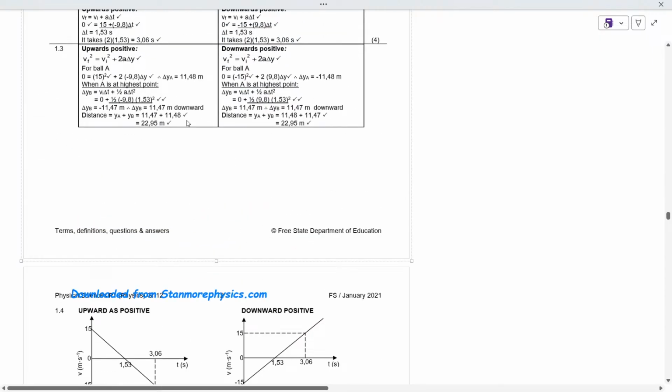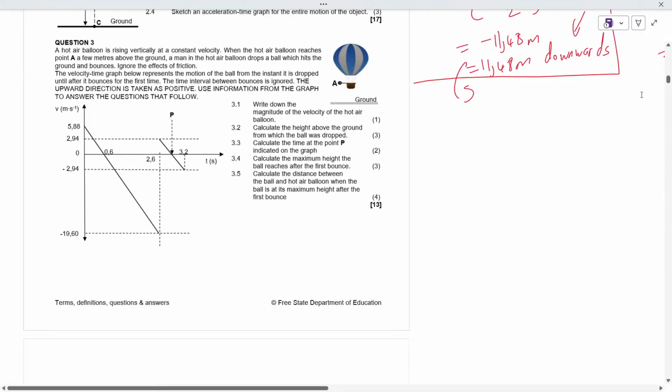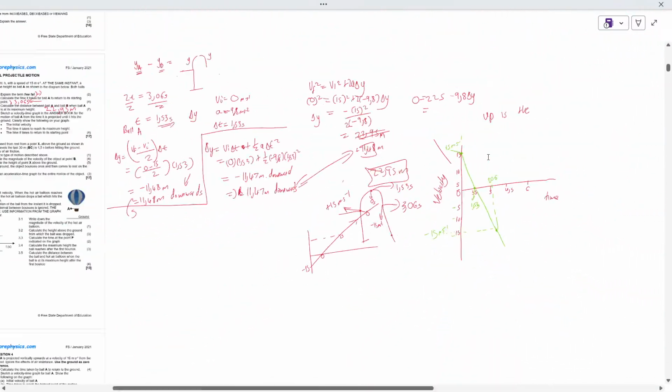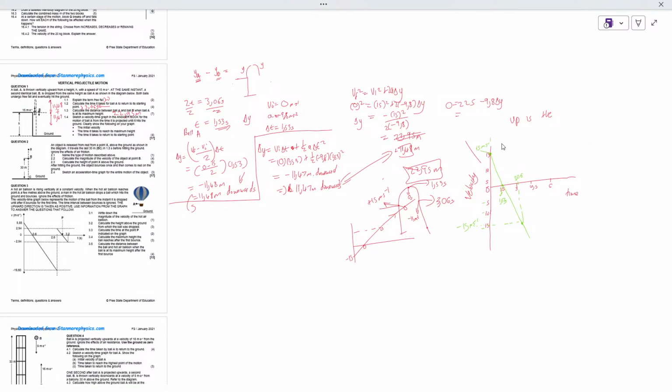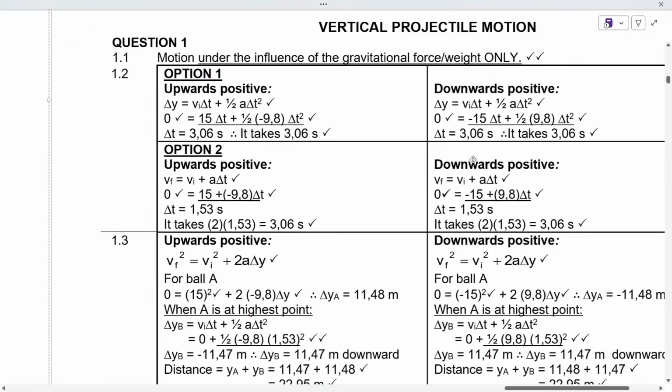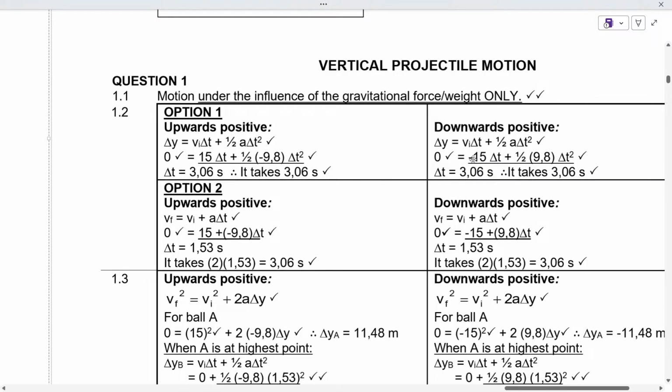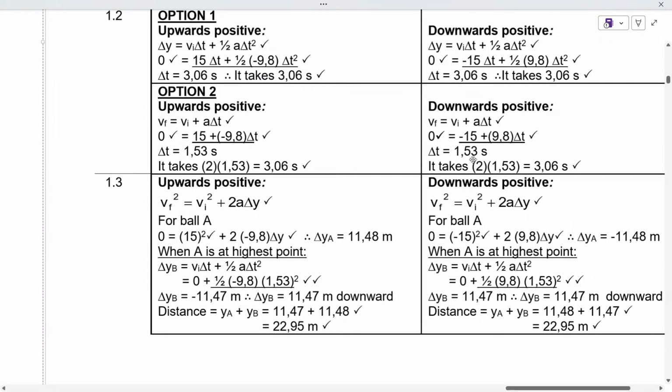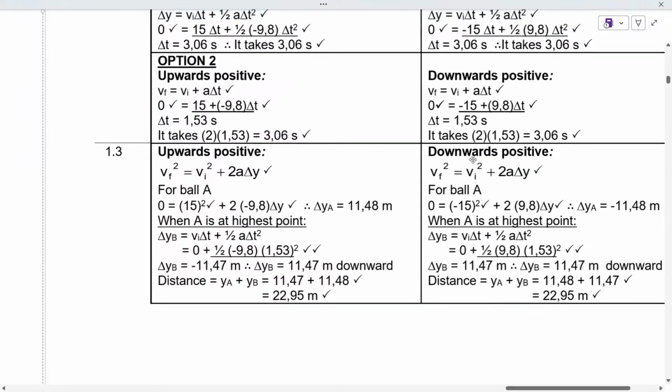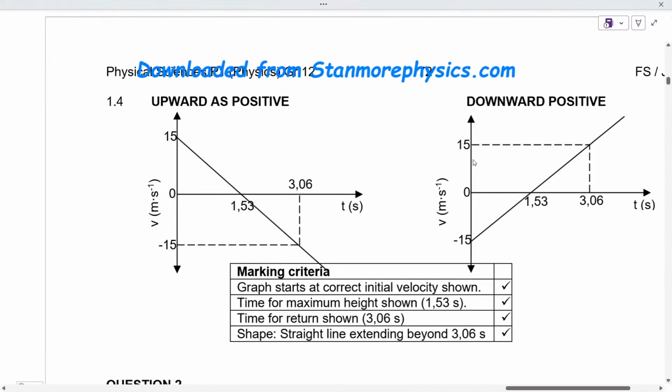Okay, I think these are the two, and then this one also. Copy, and then just go up there. Just put it here. Paste. So these are what the memo is saying. These are the answers. 3,06, we got it. And then the second one, they got 11 and 11. They added. We got it. And then this one, we also got it.